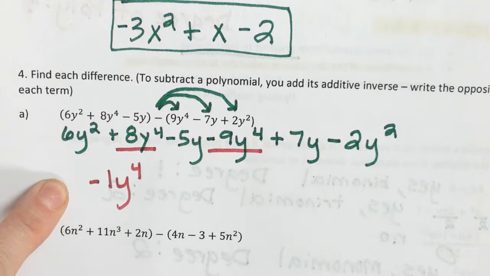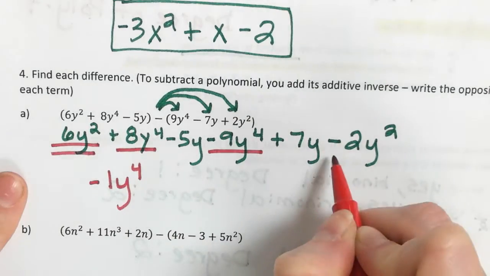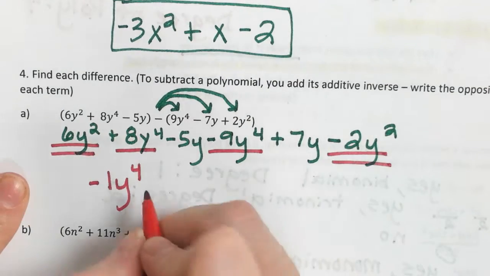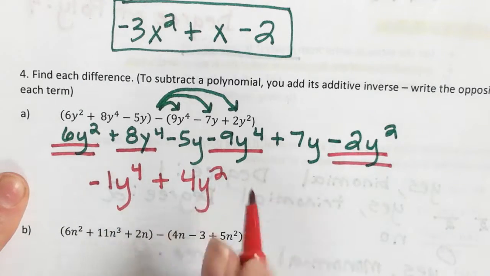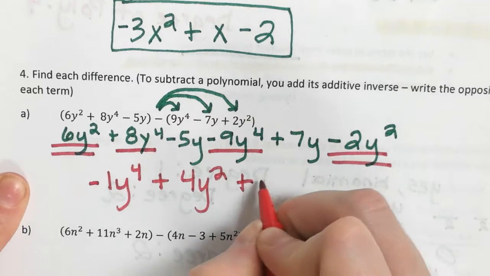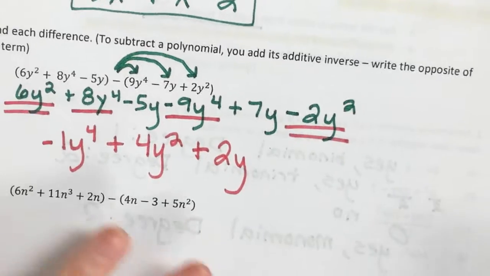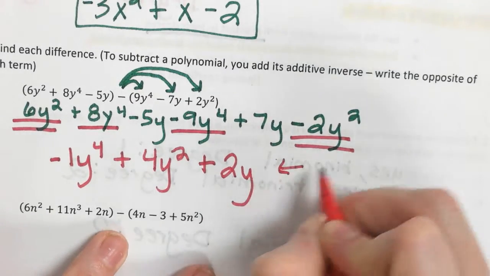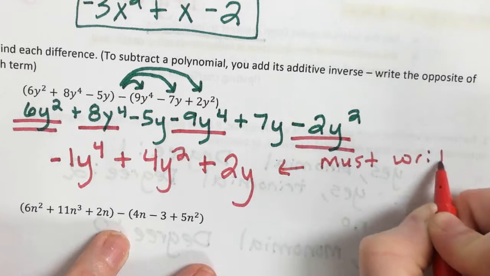And then what's the next highest degree after the y to the 4th? Y squared. So then I have plus 4y squared, and then I have just the y's. So plus 2y. So I would write a little note to yourself right here. You must write answers in standard form.